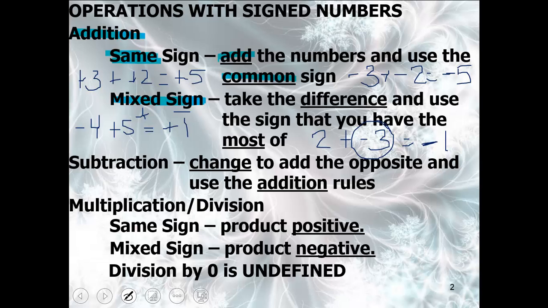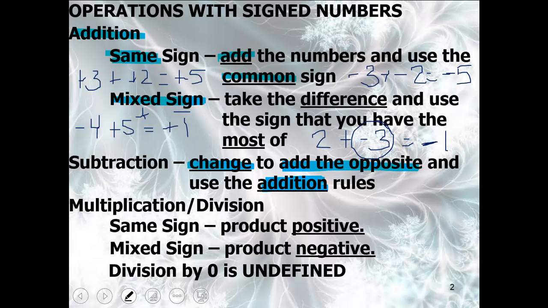Remember with subtraction, we made it easy on ourselves: subtraction is really just adding the opposite. So I'm going to change all my subtraction problems to add the opposite, and then apply the rules of addition.